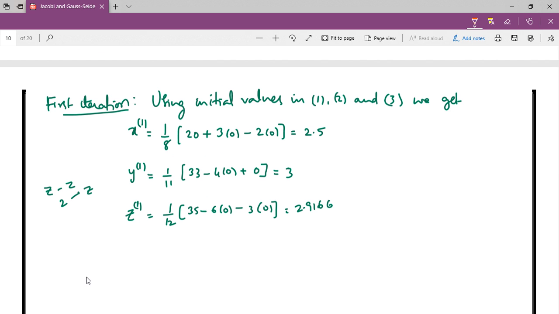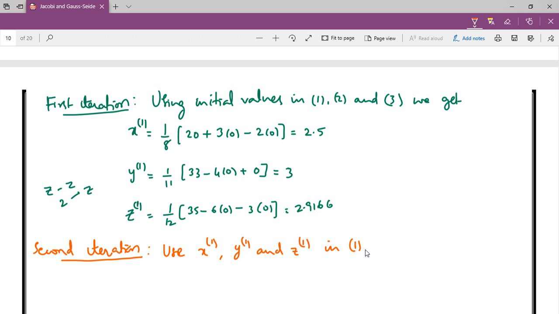For the second iteration, use x1, y1 and z1 in equations 1, 2 and 3.